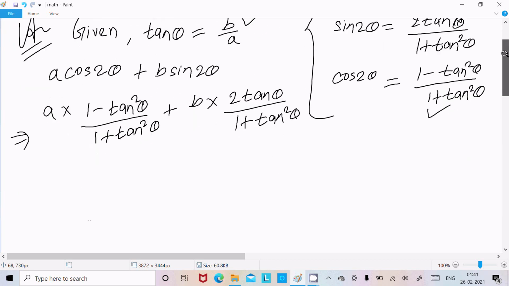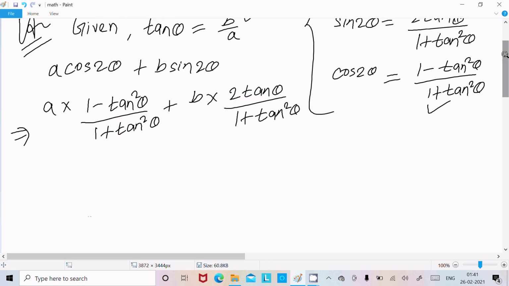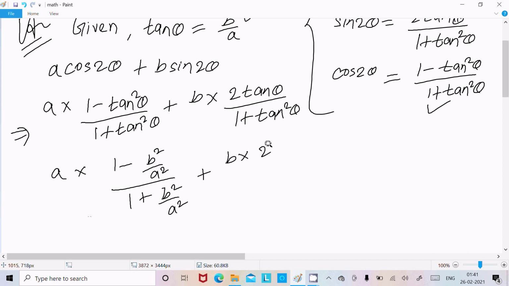Now thereafter tan θ equal to b by a. So we can write a into 1 minus, here tan square θ, then it comes b square by a square, divided by 1 plus b square by a square, plus b into 2 b by a, that is tan θ, divided by 1 plus b square by a square.